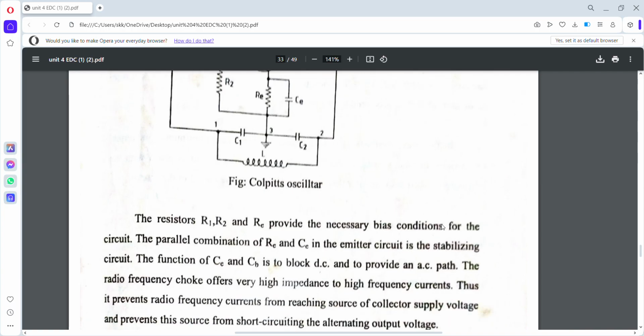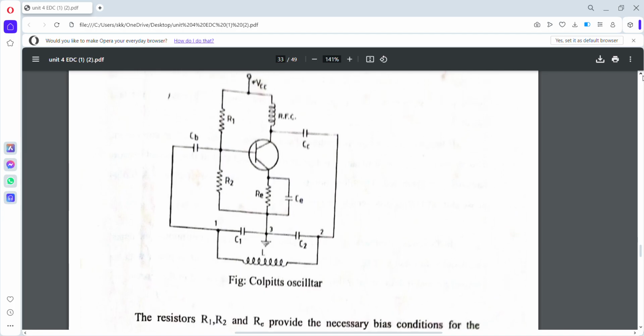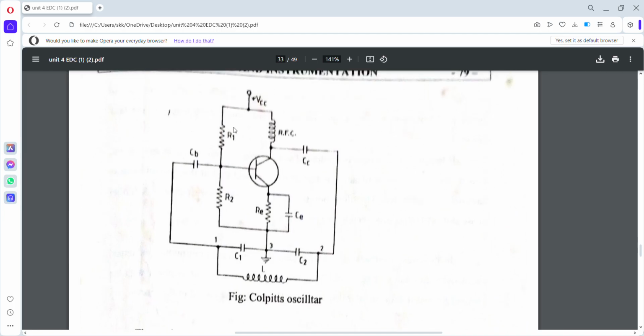Then R1, R2, RC, RE, CE and CB, there are a lot of components. CE and CB are capacitors that only allow the AC signal. Suppose any DC signal is fed back to the capacitor: a capacitor allows only AC, not DC.